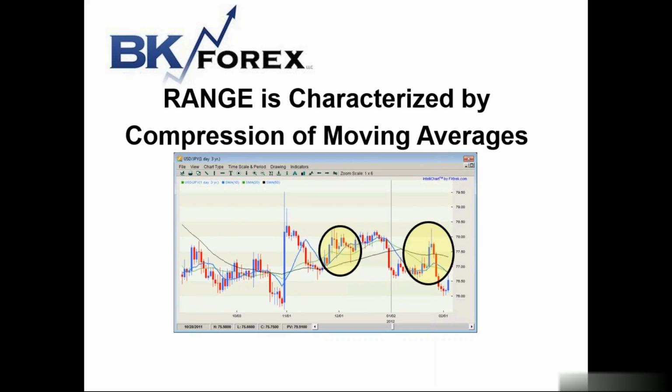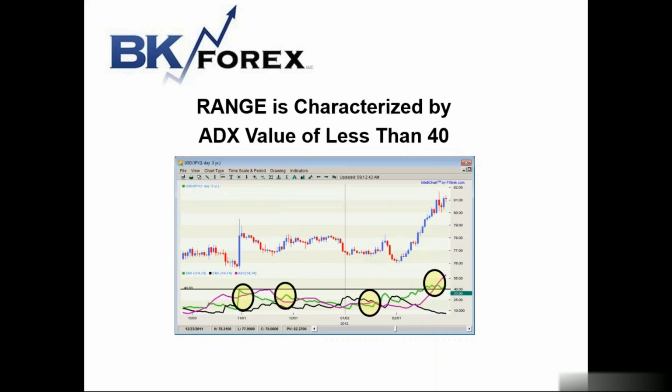So range can be characterized by exhaustion off of major highs and lows. They can also be characterized by compression of moving averages. And range can be characterized by ADX, which is the average directional index, of less than 40. That's basically what you want to look for when you're in a range-bound environment.